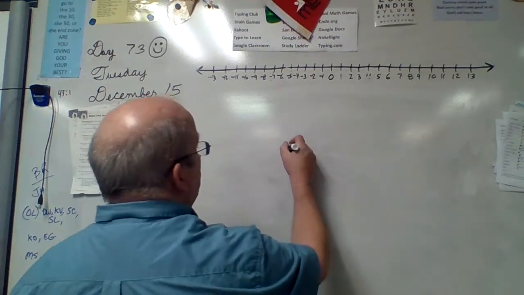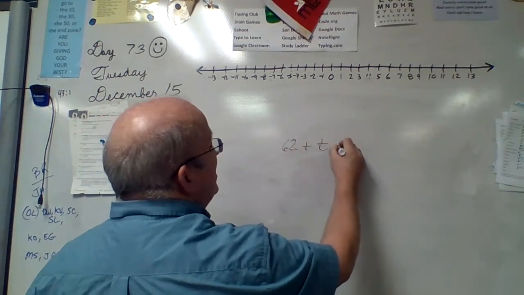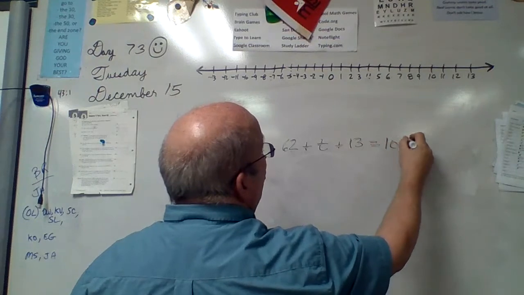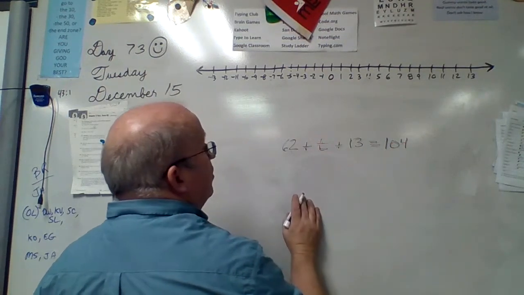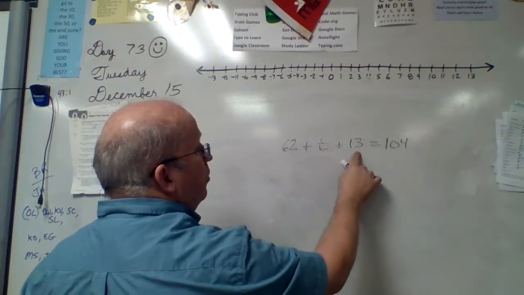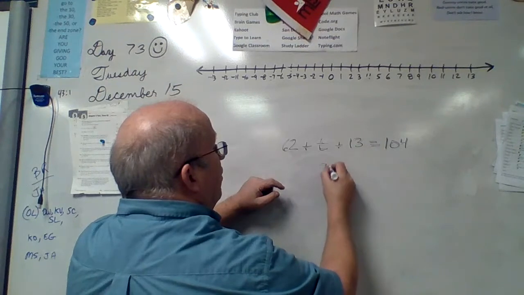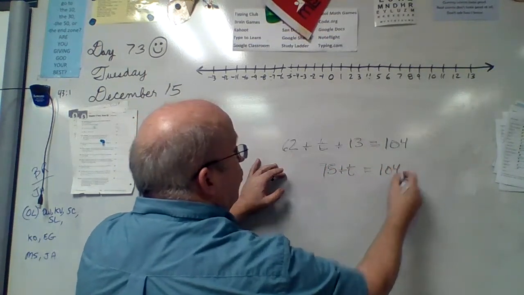If I had the following problem on the board, 62 plus t plus 13 equals 104, how would I go about figuring out what t is? The first thing I would do is combine these numbers together, and that would give me 75 plus t equaling 104.